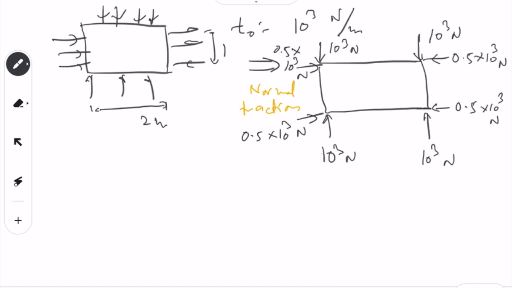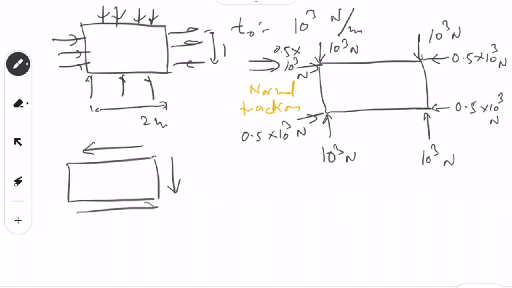Okay, done. Now this is because of normal forces. Now because of the shear stresses, now the shear traction. So shear traction is given, which is like this. So here we have this direction, here this direction, here this direction, and here this direction. So we draw here also.